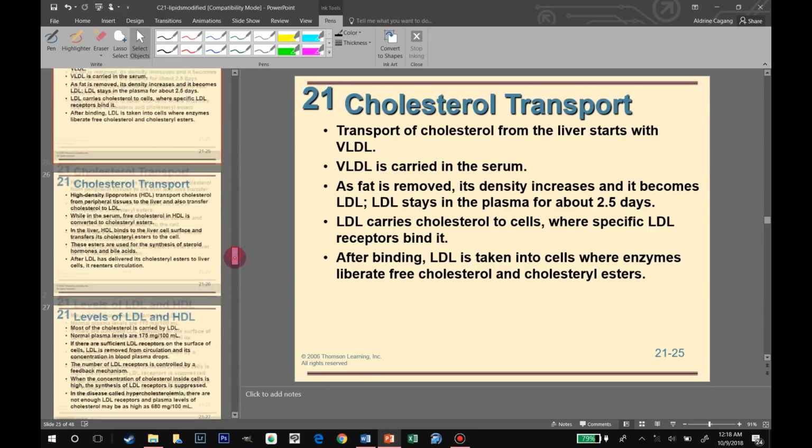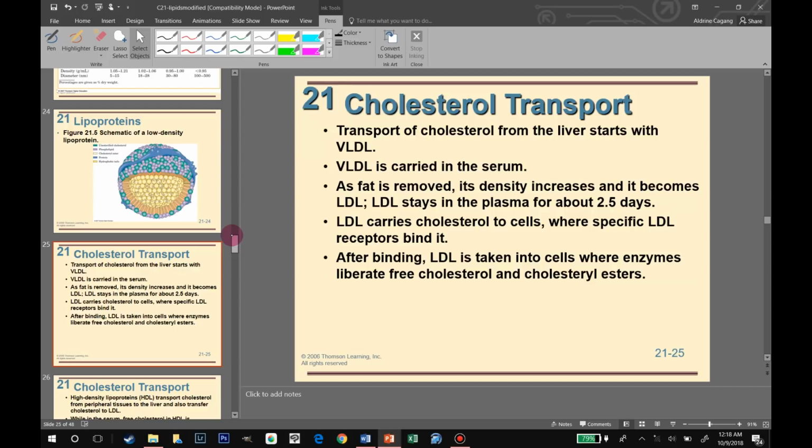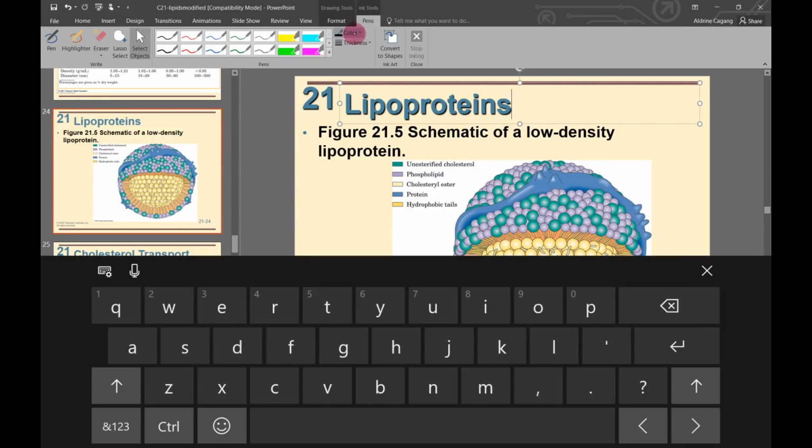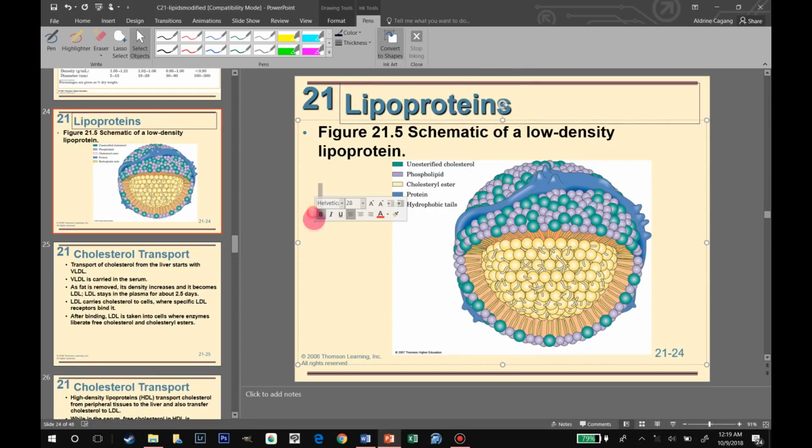So you have various kinds of lipoproteins. The two most prominent are the HDL and LDL.